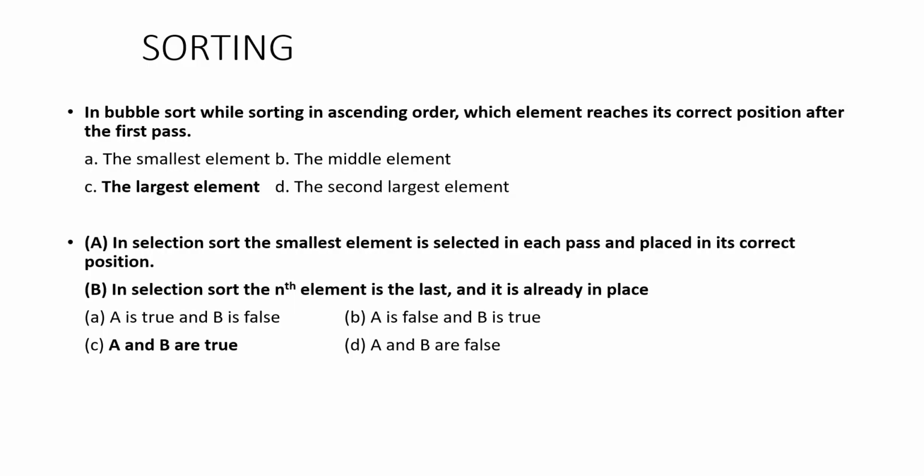Remember, how many passes are required to organize either in ascending or in descending order? N minus 1 times. Hence, the nth element is the last element and it is already in place. Hence, option C is the correct answer. A and B are true.